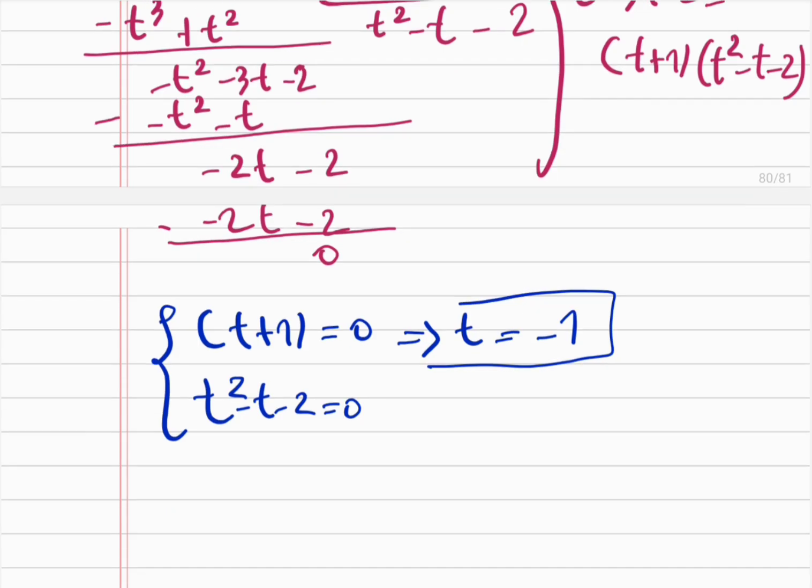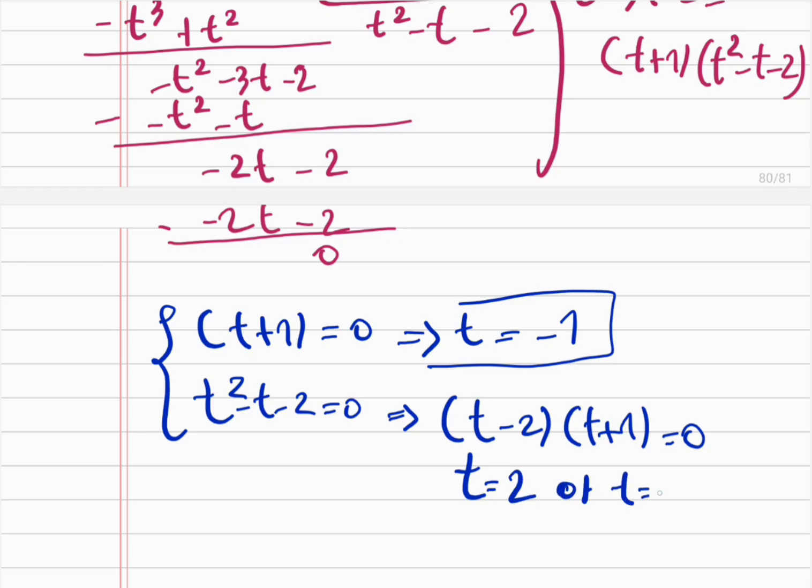That's fine. And for the second equation, we can factorize this as well. So we can have t minus 2 times t plus 1 is equal to 0. And the solutions here are going to be t is equal to 2 or t is equal to minus 1. As you can see, minus 1 is repeated, but that's fine. It's possible in questions like this.